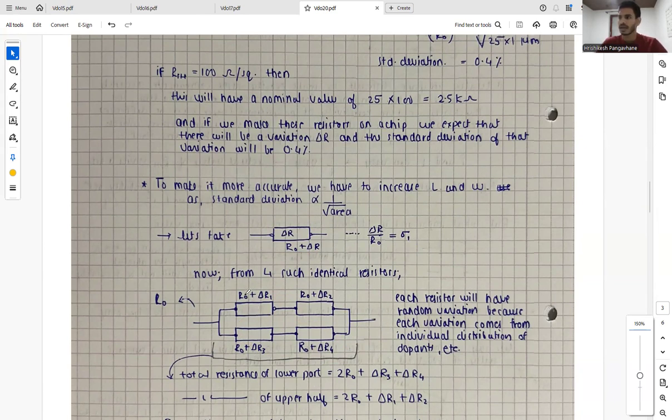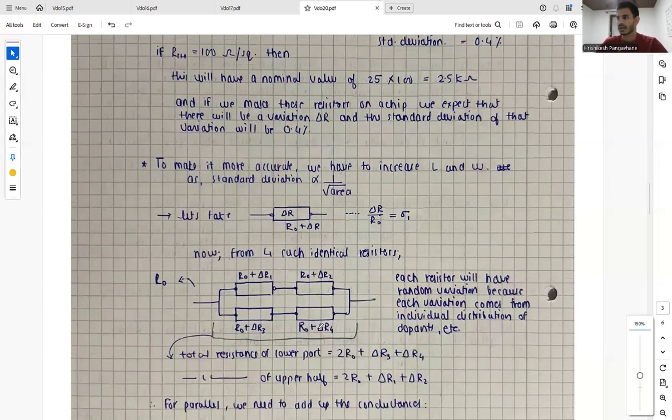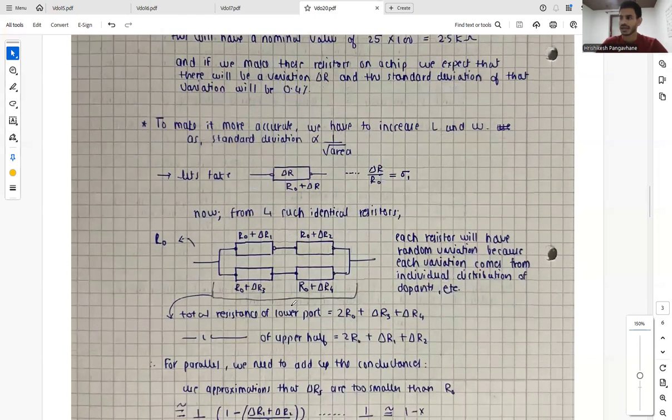So let's say that resistance 1 provides R naught plus ΔR1. Similarly, second provides R naught plus ΔR2. Third one provides R naught plus ΔR3, and fourth one R naught plus ΔR4. So these are the resistances provided by these resistors, and each resistor will have random variation because each variation comes from individual distribution of dopants and so on.